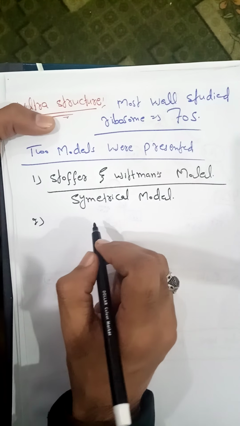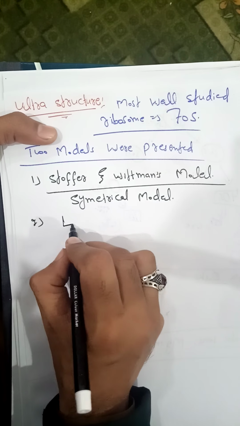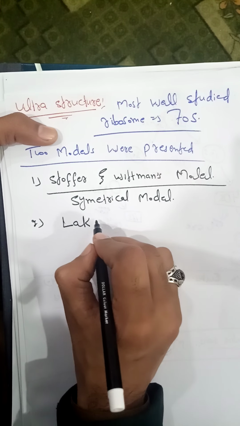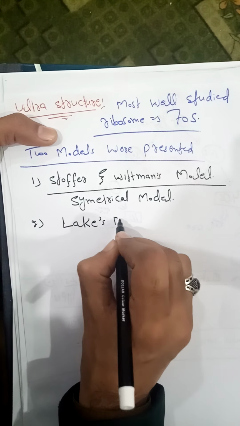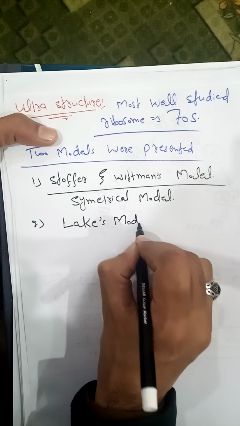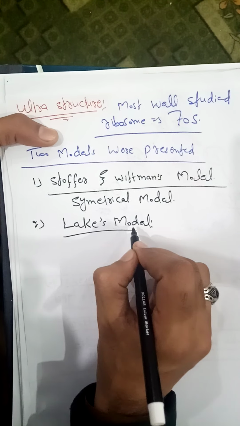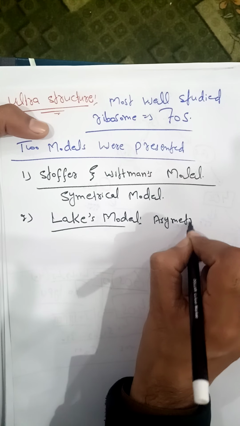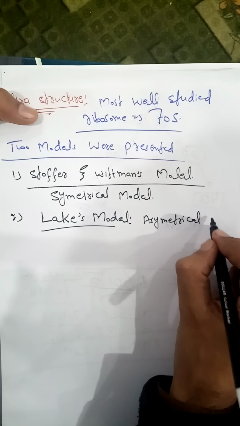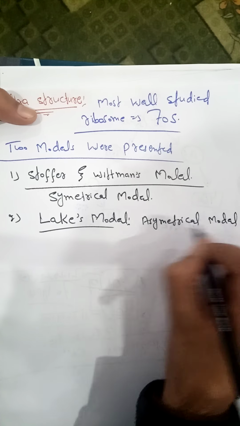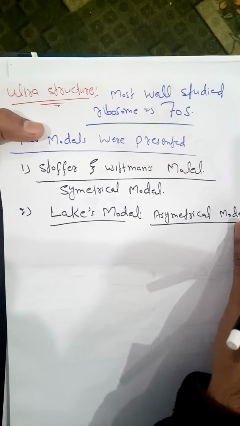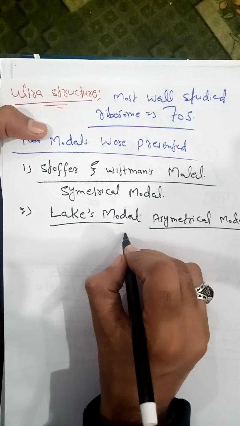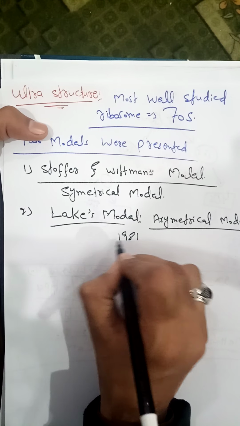The second one is called Lake's model. Lake's model is also called the asymmetrical model. This model was presented in 1981.